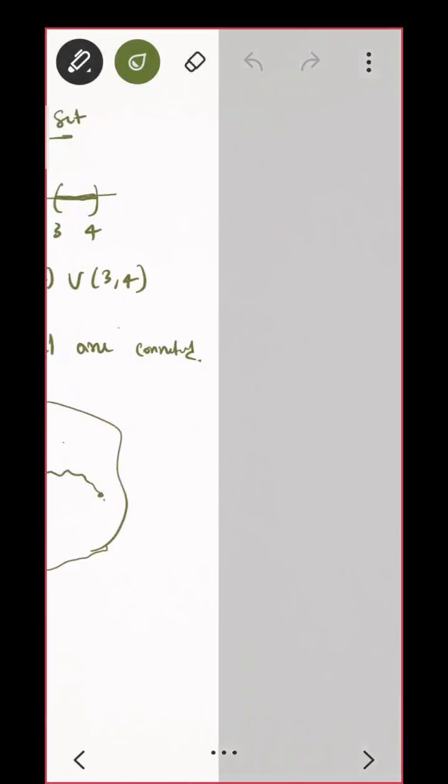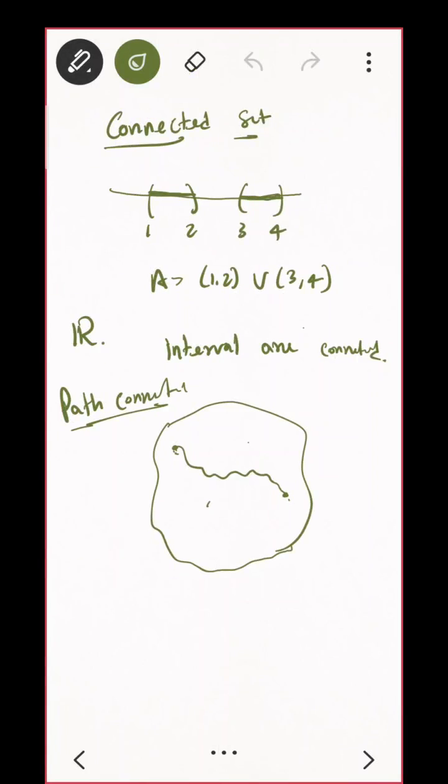ठीक है? So now we are in a state to define limit of a function, continuity, differentiability.